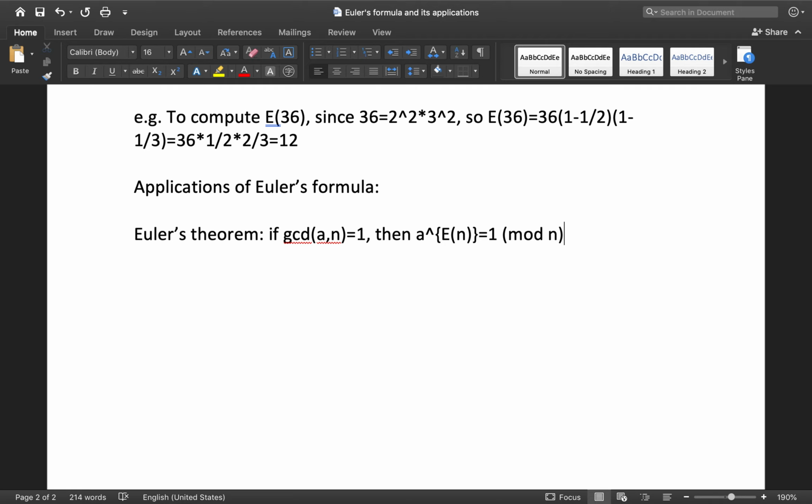If you have tried those problems, you have seen those examples, we have to observe the pattern. Sometimes if you're lucky, you can observe the pattern easily, but if you're not lucky, you may have to try several times to see how many powers you should take in order to get 1 after you take the congruence.